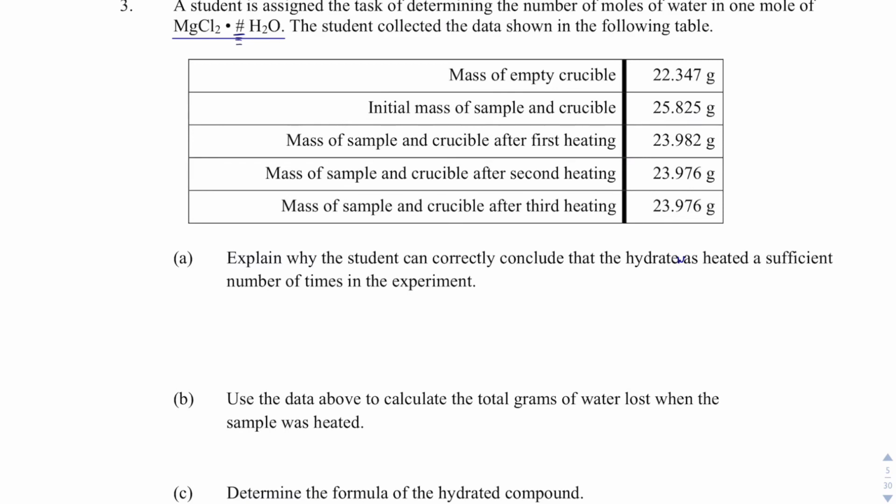Okay, so we have our crucible. We dump a sample of our hydrate in there, and then we just heat it. And we heated it once, but after we heat it once, we lost some mass, which would be the water, which is what we're trying to do, but there's no way that I know if I lost all of it. So I have to heat it again.